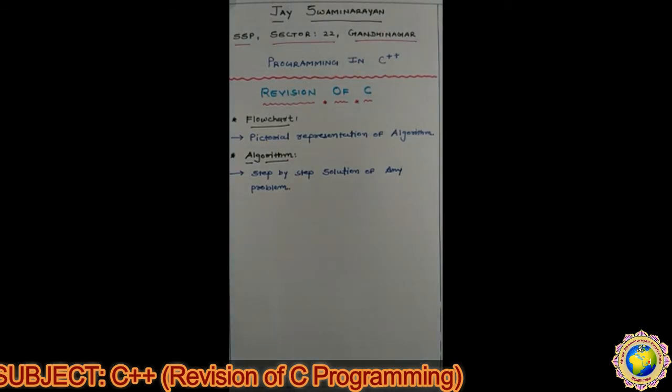Before implementing the program, we must draw the flow chart and write the algorithm for the particular problem to prepare a program. So flow chart and algorithm are the necessary things to implement the program.